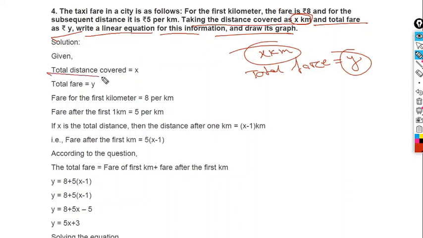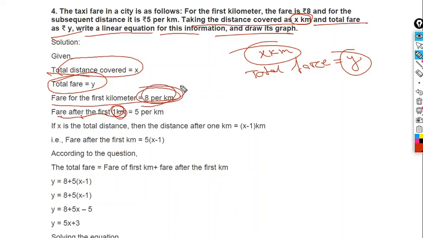So total distance covered is x, total fare is y. Fare for the first kilometer is ₹8. After the first kilometer, that means for the second kilometer, the fare is ₹5. For the third, another 5. Like this.